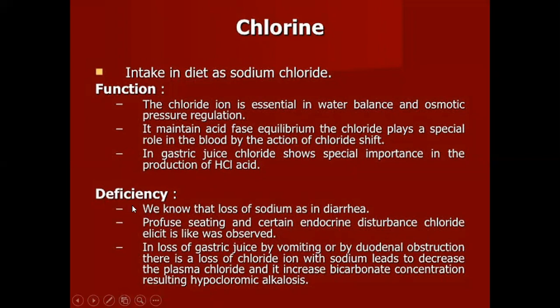Once chloride is deficient, we know there is loss of sodium as diuresis. Similarly, both of them, chloride and sodium, are interconnected. Certain endocrine disturbances can also be observed. With the loss of gastric juice, vomiting, or duodenal obstruction, there is loss of chloride ions with sodium.